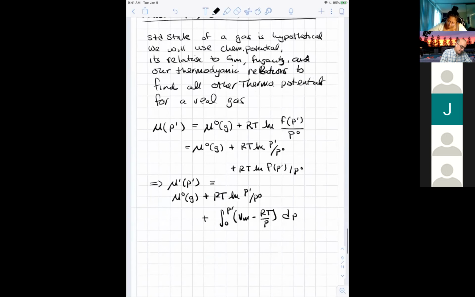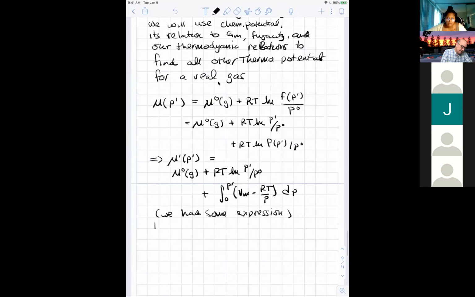So the point is, we have some expression. So this immediately gives us Gibbs free energy, right? Because these are really one and the same.